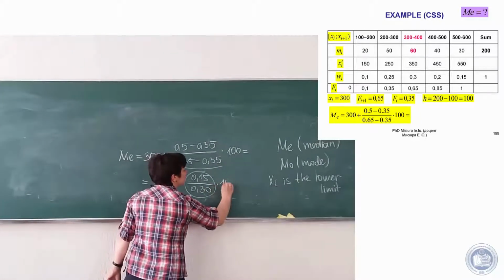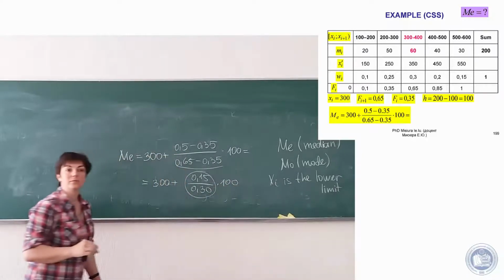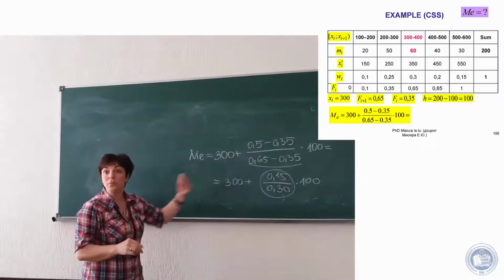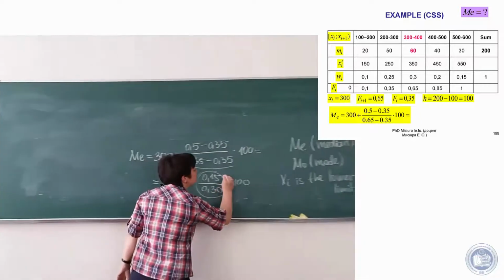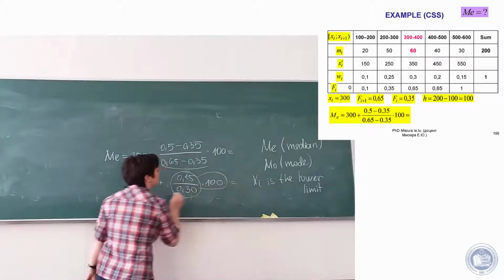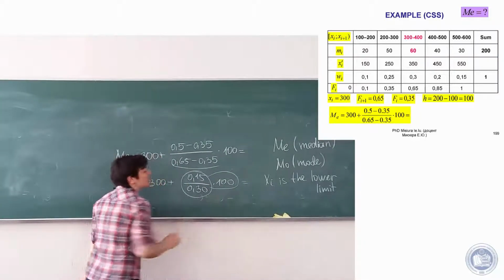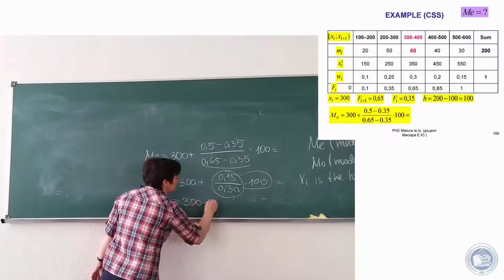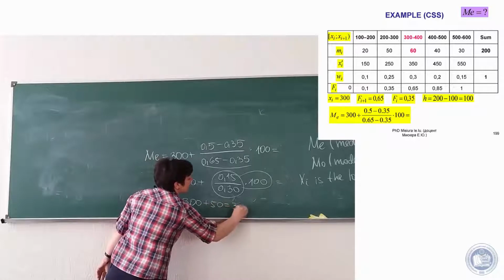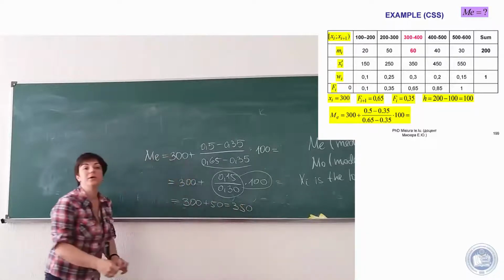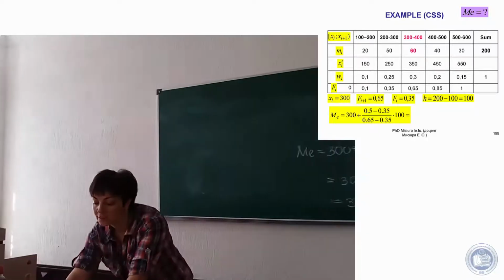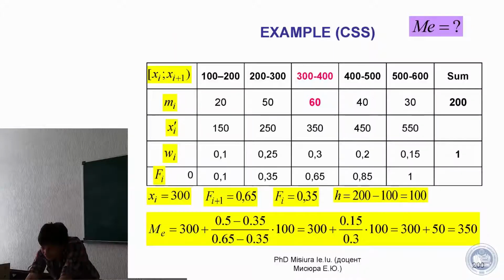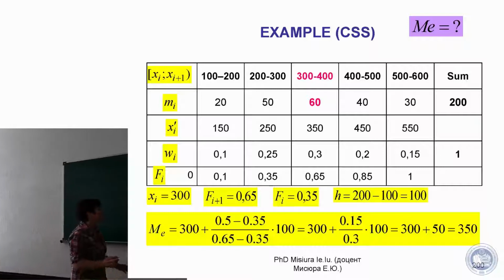It means 0.5. If you take 0.5 and multiply by 100, what result do you have? 50. Okay, 300 plus 50 equals 350. Please copy out. Median equals 350. It's the formula for calculation of median. Let's copy out 350.